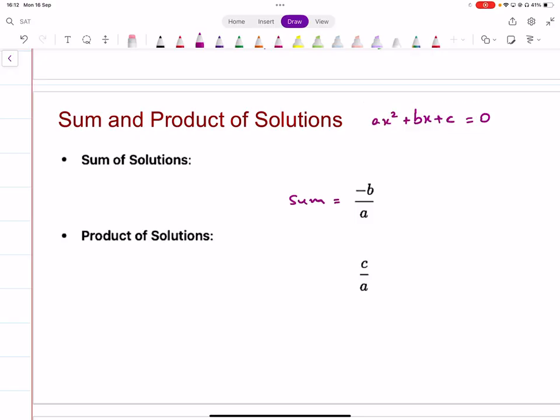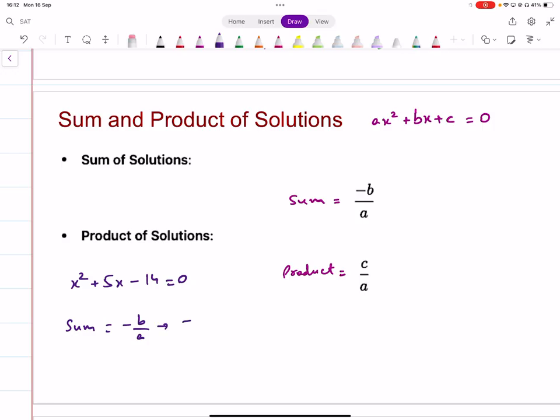And the product of roots is given by c over a. Now, what was the example that we had earlier? x squared plus 5x minus 14 equal to 0. If you had to find the sum directly using these formulas, what would that be? Minus b over a.